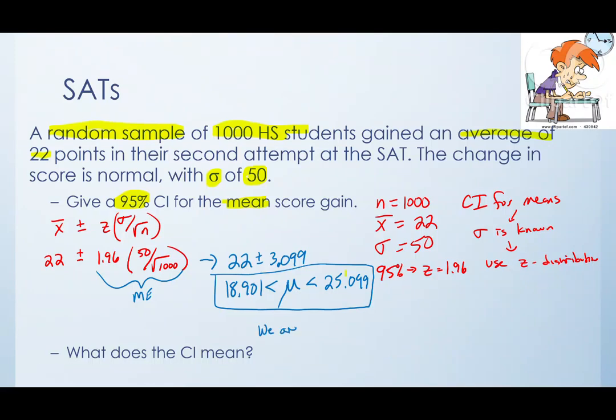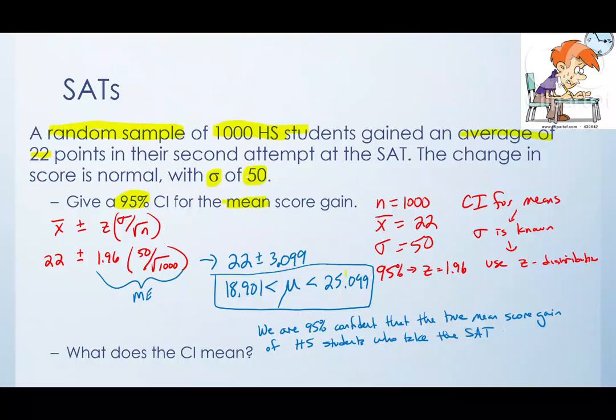So we can say we are 95% confident that the true or population mean score gain, and if you want to go further, of high school students who take the SAT a second time, is between 18.901 and 25.099 points.